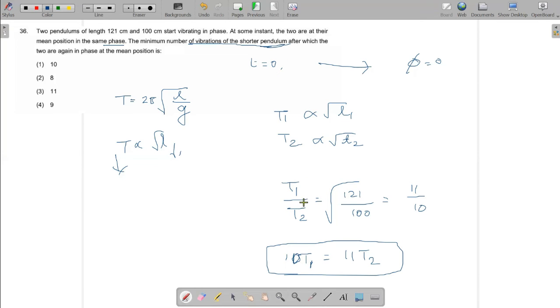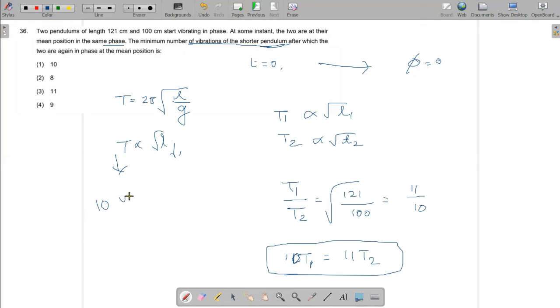T1 by T2 equals 11 by 10, so 10 T1 equals 11 T2. So T1 is the longer pendulum and T2 is the shorter.